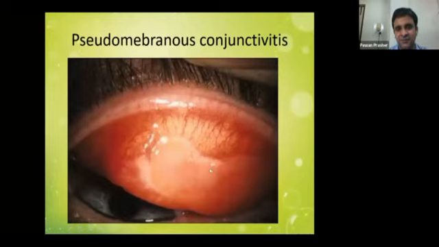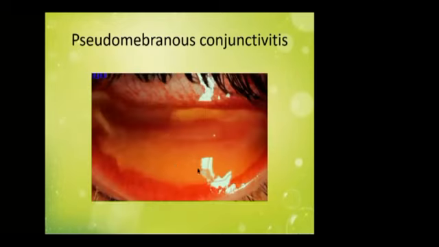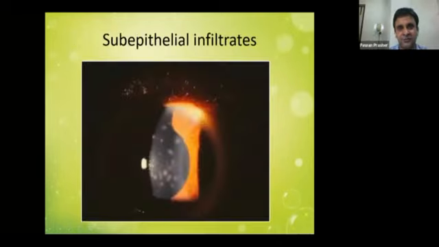Just a representative picture of pseudomembranous conjunctivitis. You can see this gelatinous sheet on the tarsal conjunctiva, where the lid has been inverted, and on the lower eyelid on the undersurface, you can see this pseudomembrane formation. These are representative pictures of subepithelial infiltrates.